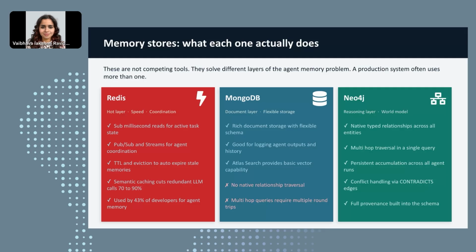But here is what neither of them gives you: native relationship traversal, the ability to ask a multi hop question in a single query, persistent accumulation of knowledge across hundreds of agent runs, conflict handling that preserves both sides of a disagreement, full provenance on every assertion any agent has ever made. So that is what graphs give you. These are not competing tools, they just solve, I would say, different layers of the same problem. So a production system often uses more than one.